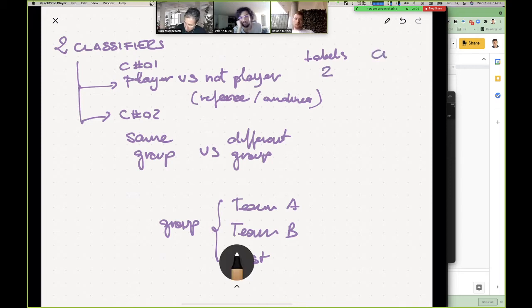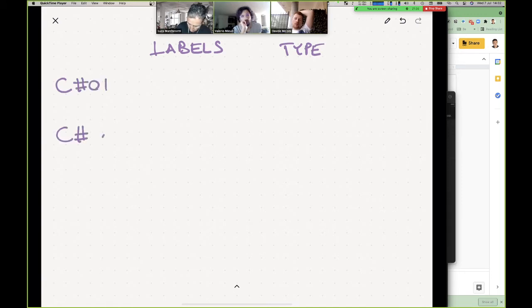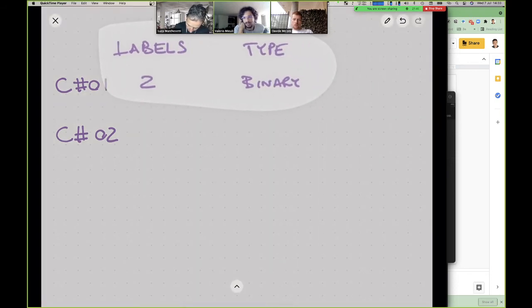So type of classifier: binary. Okay. What about C2? How many labels? In theory, 3. No, we need more. We have 3 labels for each match, right? Yes, three labels per match, because the annotation for classifier 2 must be done for each match separately.